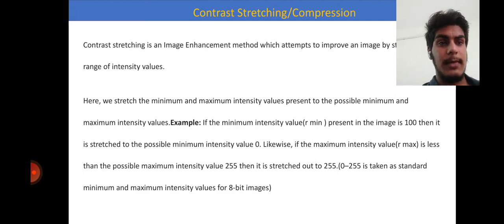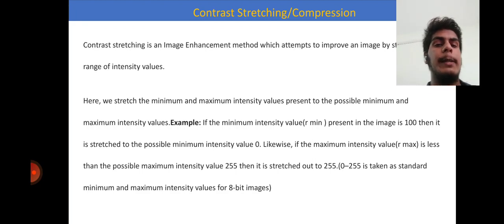Likewise, if the maximum intensity value is less than the possible maximum intensity value 255, then it is stretched out to 255. 0 to 255 is taken as the standard minimum and maximum intensity values for 8-bit images, as we discussed earlier.